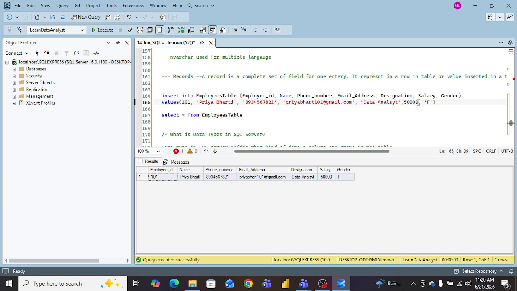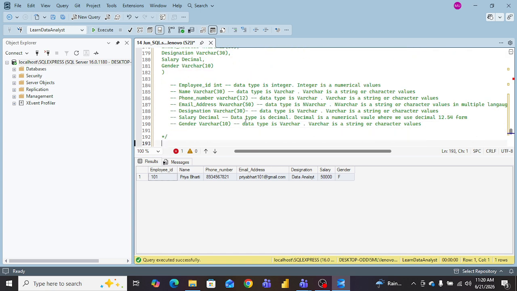This is a decimal. We can write it like this or like this as well. Why? Because we have to remember we can record data according to the data type, otherwise we will get an error. Understood? What do you understand? Please tell me.